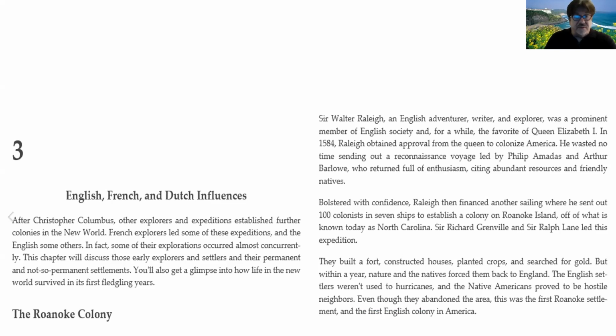French explorers led some of these expeditions, and the English some others. In fact, some of the explorations occurred almost concurrently, which means at the same time. This chapter will discuss those early explorers and settlers. So you need to know the difference. An explorer maybe comes through and then leaves. A settler comes in and stays and lives there permanently, right?